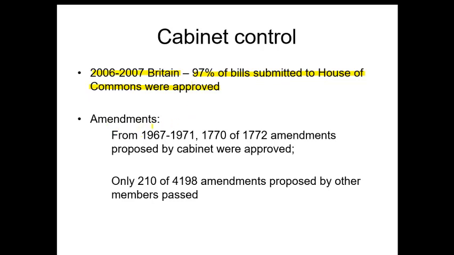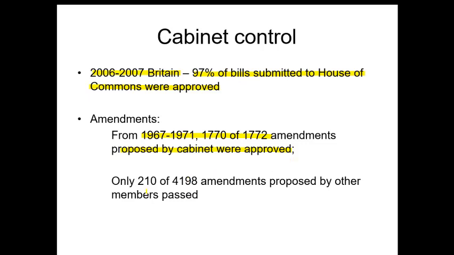Looking at the number of amendments that are added to the bills in this particular count, it's virtually almost 100%: only 2 out of 1,772 amendments proposed by the cabinet were not approved. So, as you can see, since the cabinet has control of this legislative body, they're not even going to propose an amendment that they don't think is going to be part of the bill.